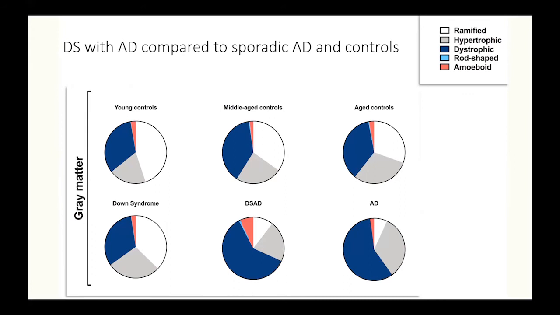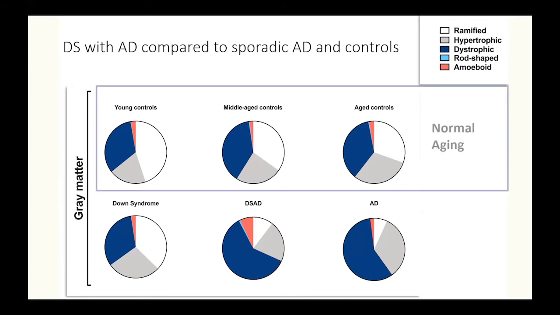That was kind of what we expected. But when we looked at Down syndrome with Alzheimer's disease, we saw a huge number of dystrophic microglia, larger numbers actually compared to sporadic AD. We lost a lot of those ramified, but we don't see as many hypertrophic microglia as what we see in Alzheimer's disease. And so I'll show this in a different way.